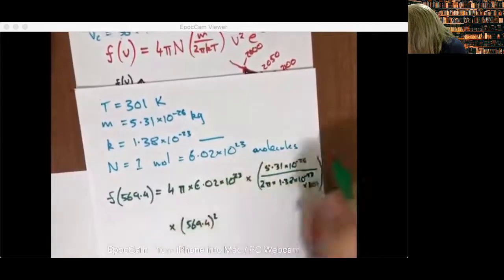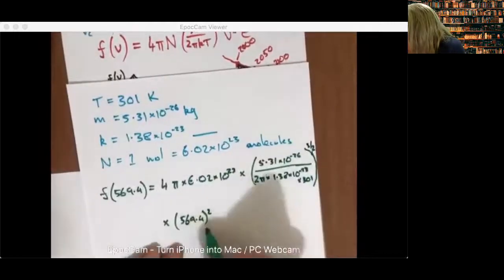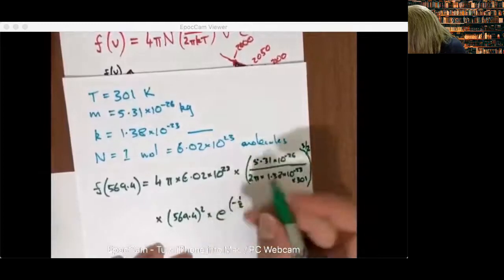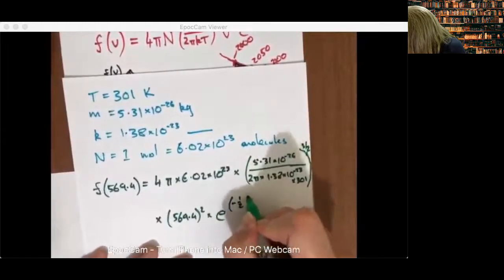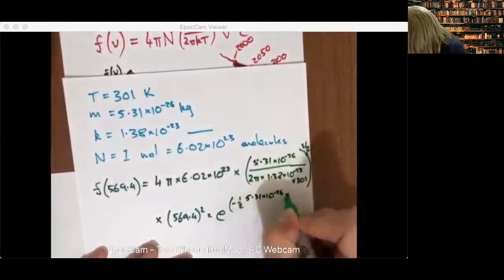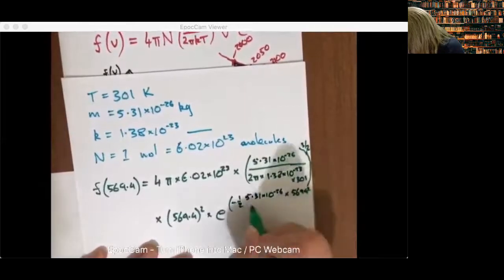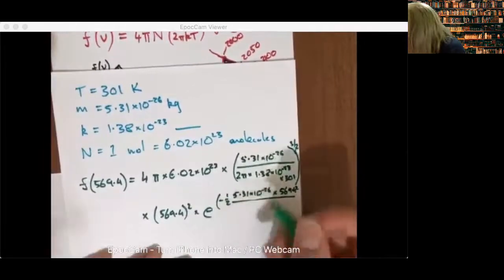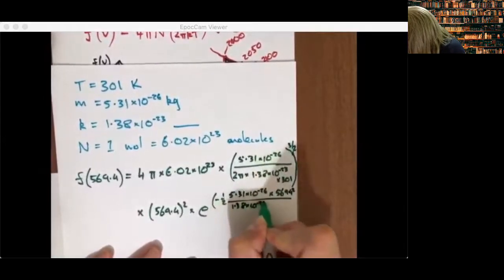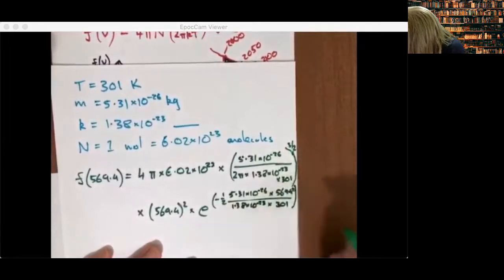Oh, that whole bracket, sorry, is to the power of 3 over 2, times velocity squared, which is 569.4 squared, times the exponential of minus a half times the mass, 5.31 times 10 to the negative 26, times the velocity squared, 569.4 squared, all over k, 1.38 times 10 to the negative 23, times the temperature again. That's all in that exponent.